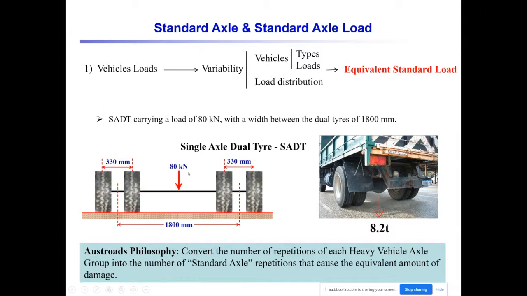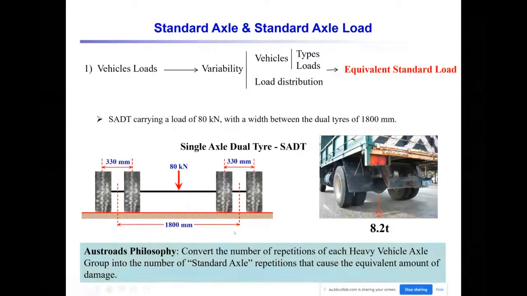And what is the standard axle? The standard axle is the single axle dual tire. And these are the standard dimensions. The distance between two wheels is 330 millimeter.